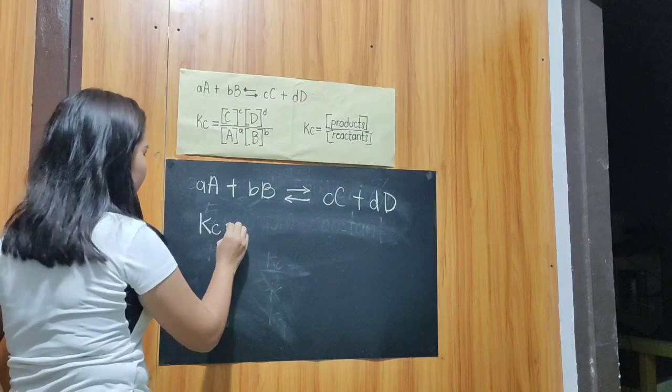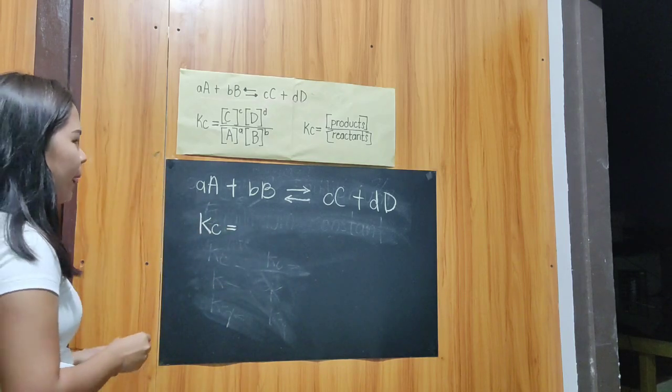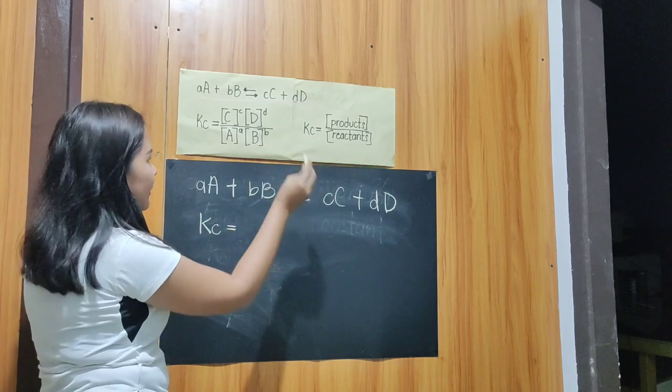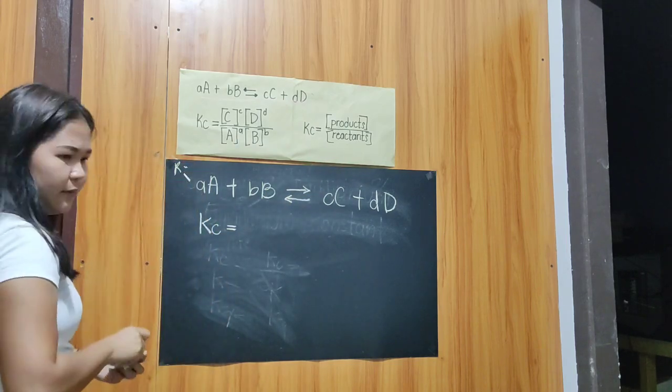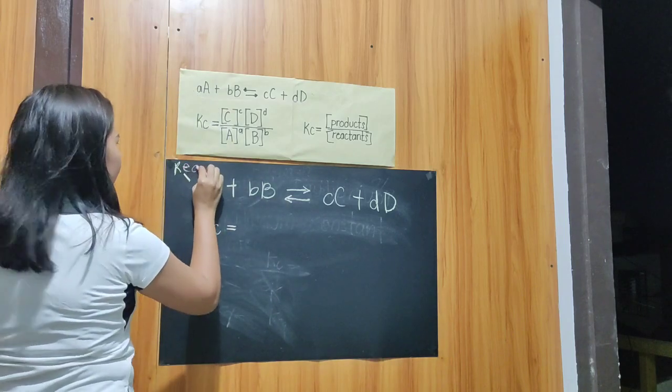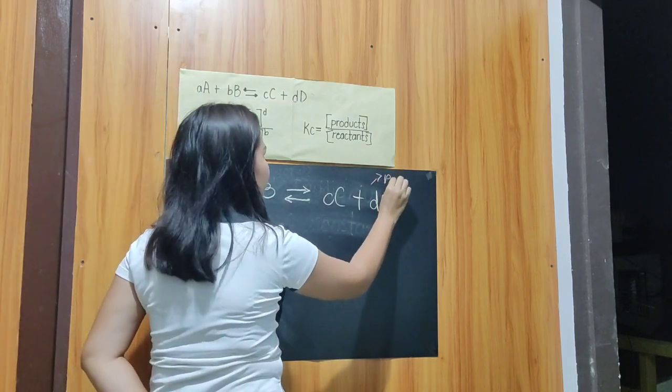The equilibrium constant is equal to, so this is the reactants, and this is the products.